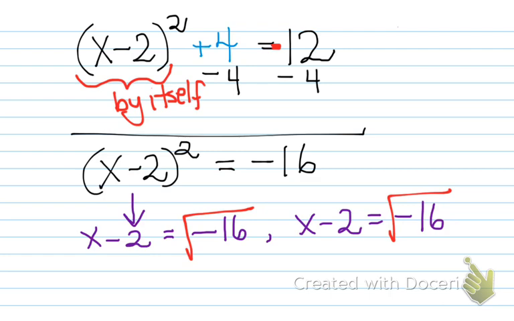And then we stick a negative in front of one of the square roots. It doesn't matter which one. Then we solve for x. We move the 2 over to the other side by adding.